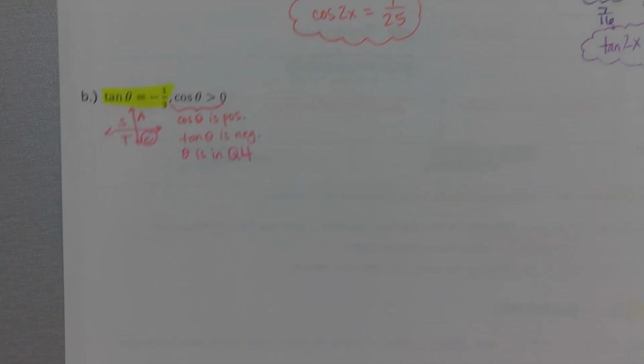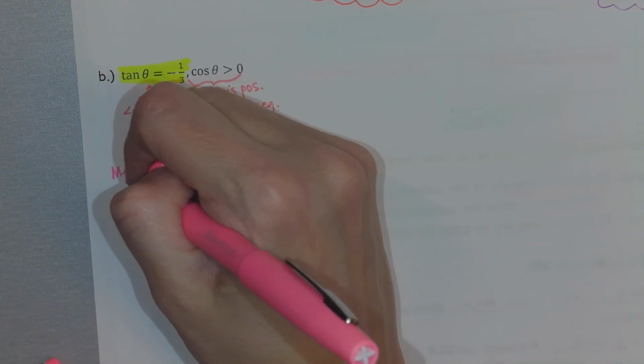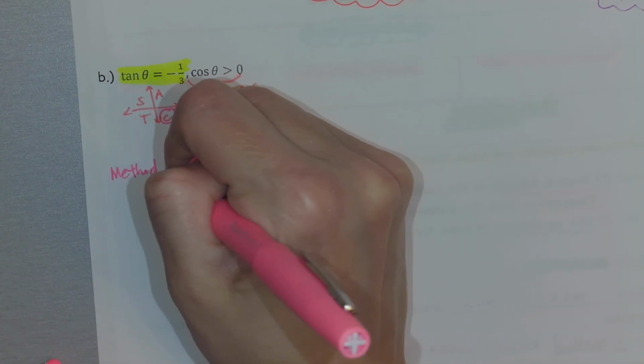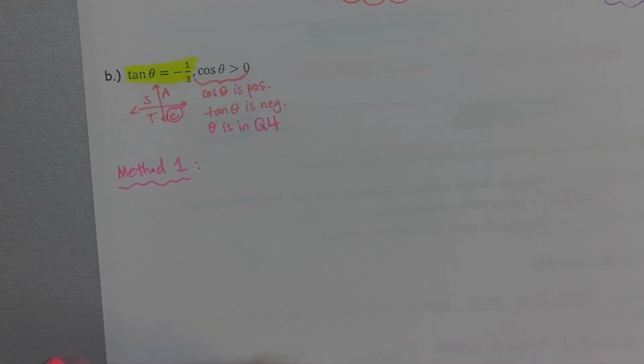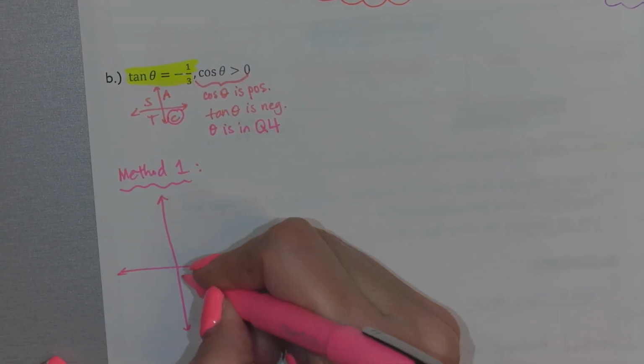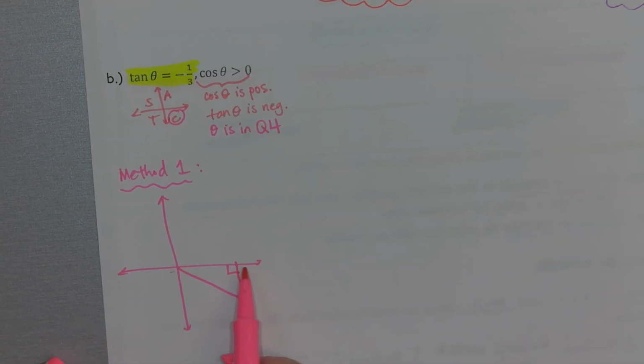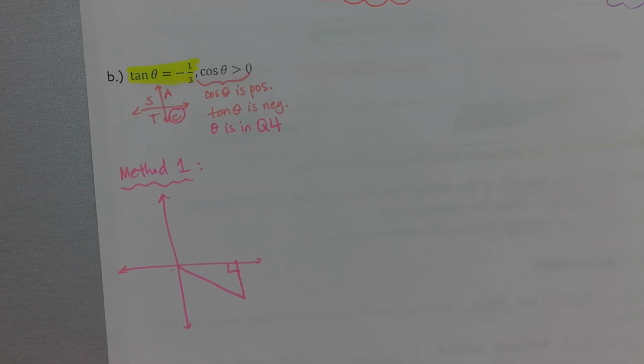Okay, why is that important? Because that's where you need to draw your triangle. Whenever you draw your triangle, again, this side is always going to be flush with the x-axis.